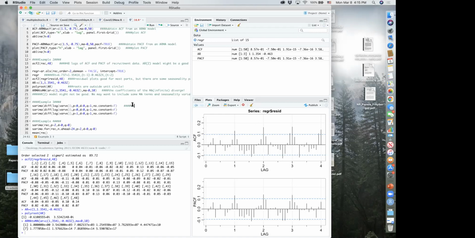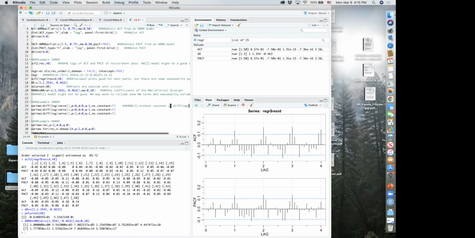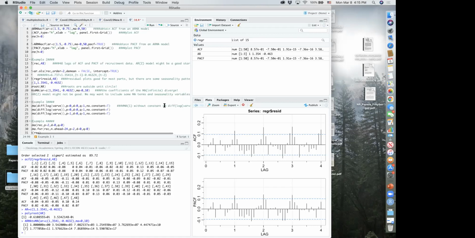Sorry, an MA(1) without constant, so we assume that there's no constant here, on this data series, the first difference of the log varve.